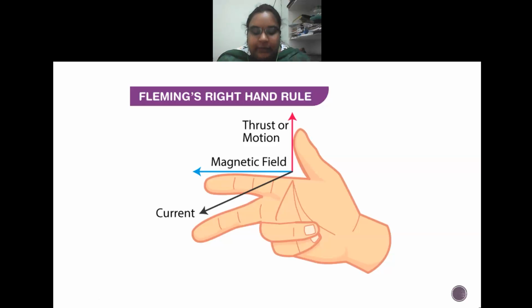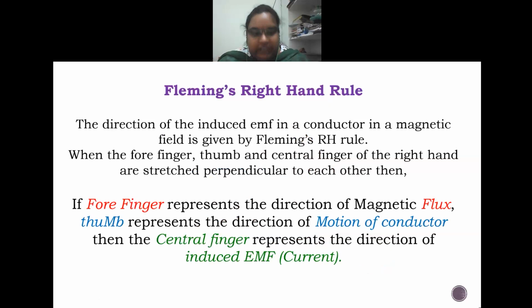So by using this Fleming's right hand rule, we can understand what is the direction of the induced EMF.